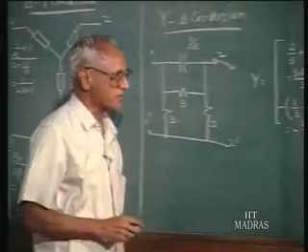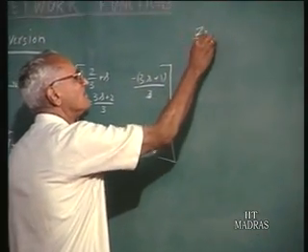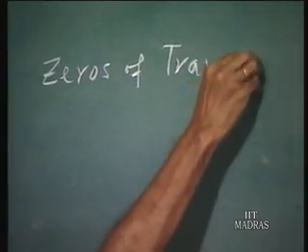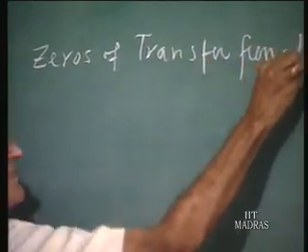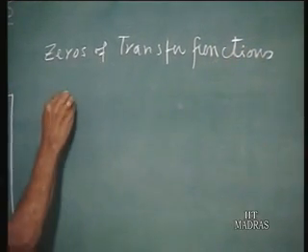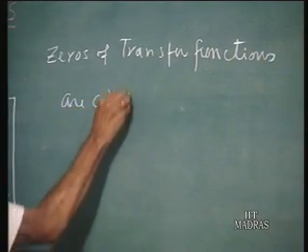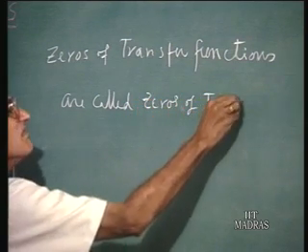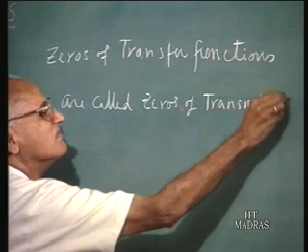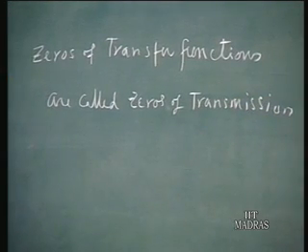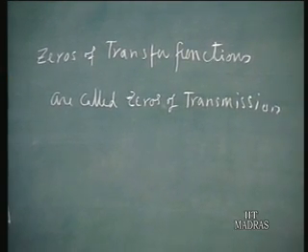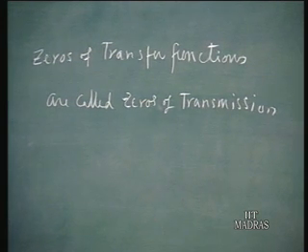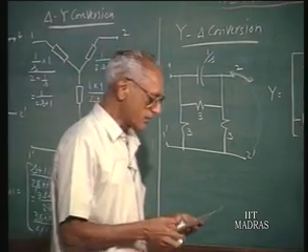Zeros of transfer functions are called zeros of transmission. Essentially, they are the values of the complex frequency for which if you apply a signal as an input with that complex frequency, the output turns out to be 0. Therefore, they are called zeros of transmission.